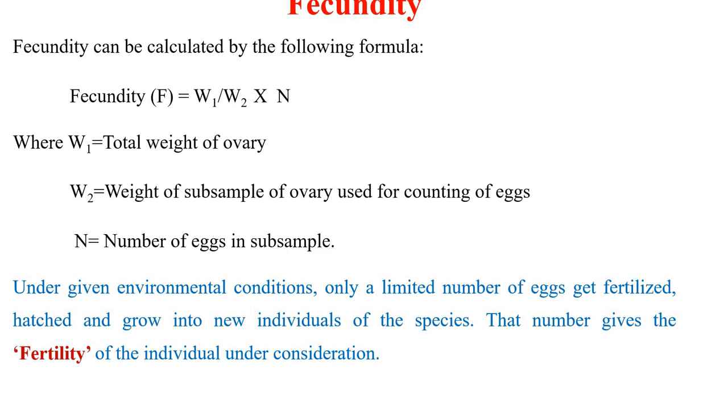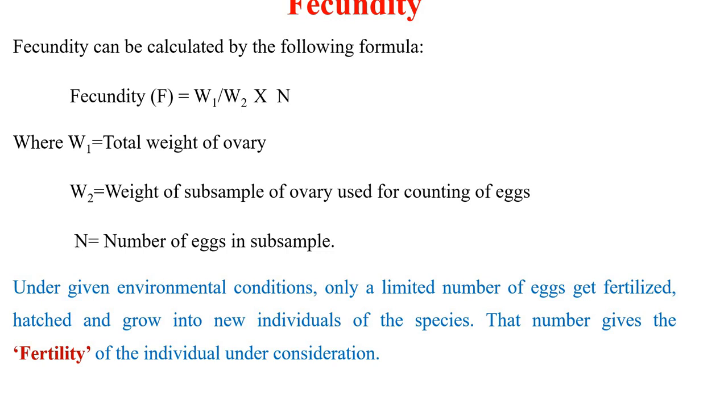Say for example 1 gram we can take for the counting of the eggs, and then we can calculate from that subsample the total number of eggs present in the ovary. N is equal to number of eggs in that particular subsample.